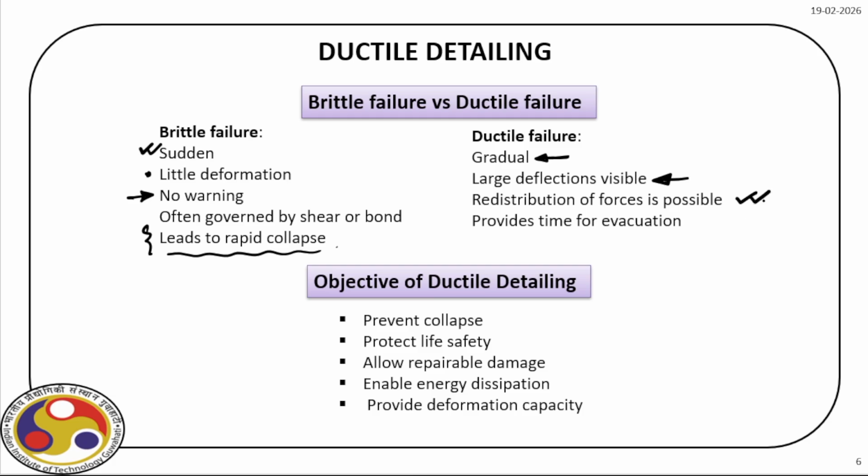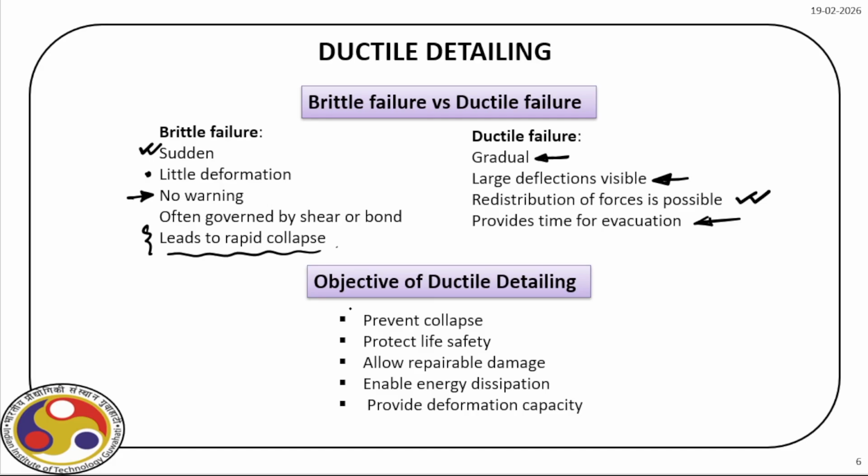Redistribution is possible because if one section yields, then the stress is redistributed in a frame where we have different stiffnesses connected to a point, which then provides time for evacuation. This is important. This is the reason again and again we come back to this detailing as per Indian codal provisions.